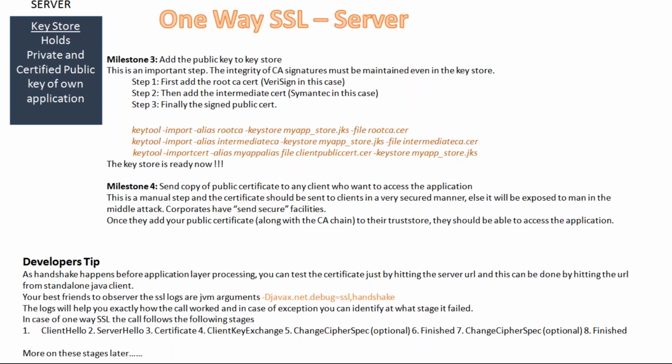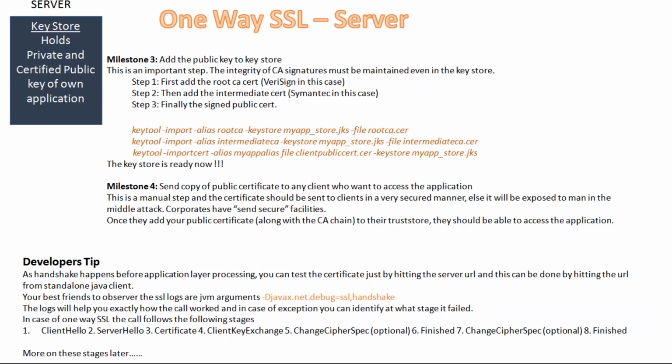For the developers or the security person who is implementing it, there are a few very important tips. Whenever you are trying to test the connection, create a small Java code and turn on the JVM arguments SSL and handshake.